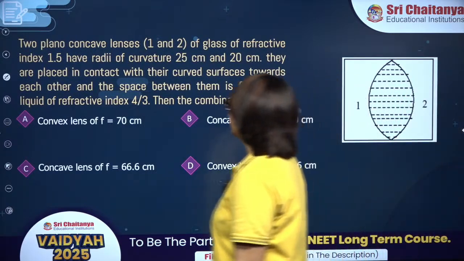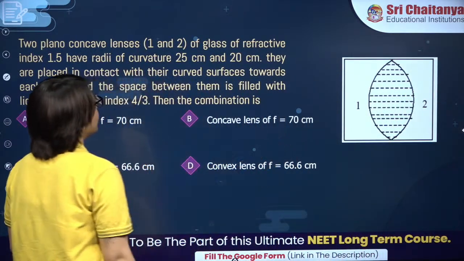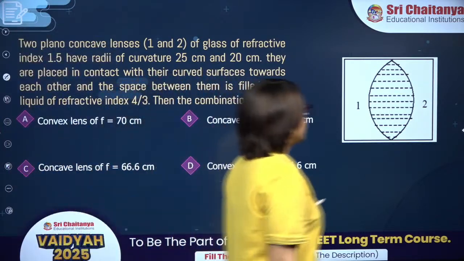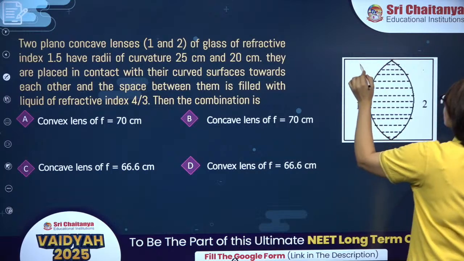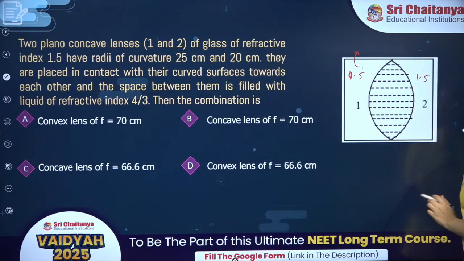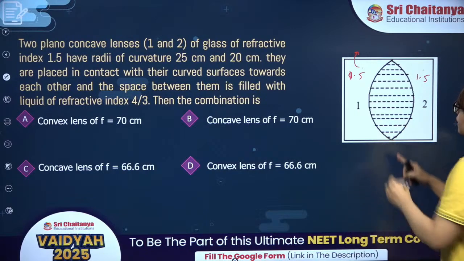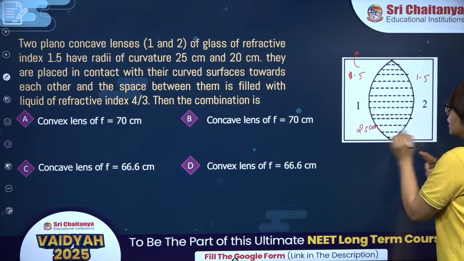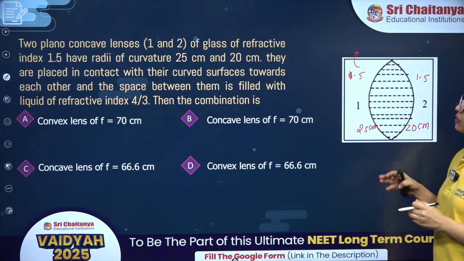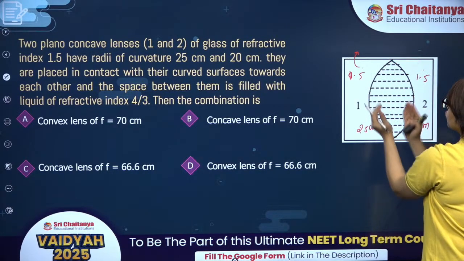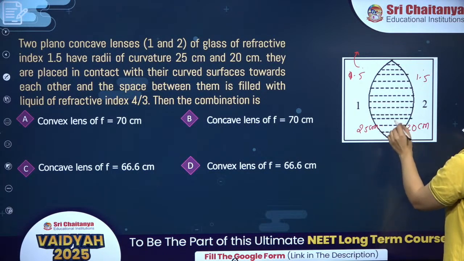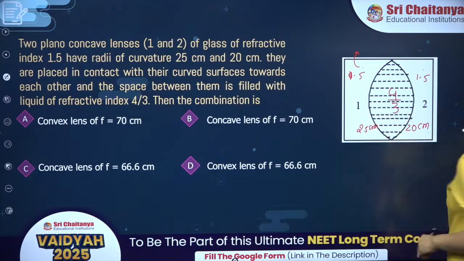Two plano-concave lenses 1 and 2 of glass of refractive index 1.5, and the radii of curvature of this one is 25 centimeter and this one is 20 centimeter. They are placed in contact with their curved surfaces towards each other like this, and the space between them is filled with a liquid of refractive index 4/3.